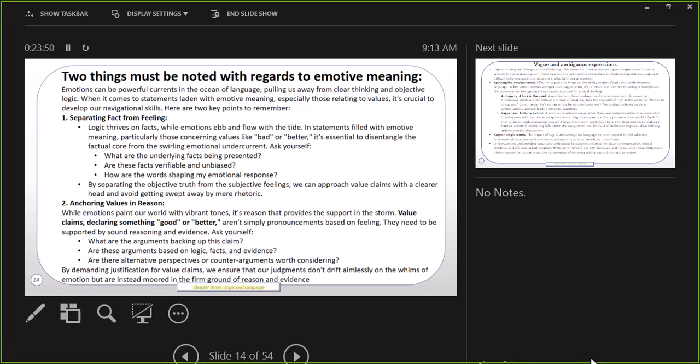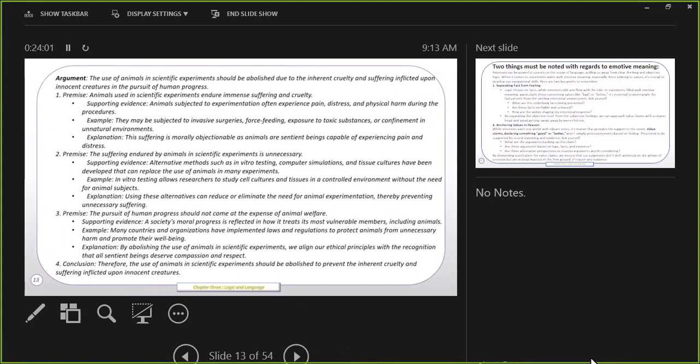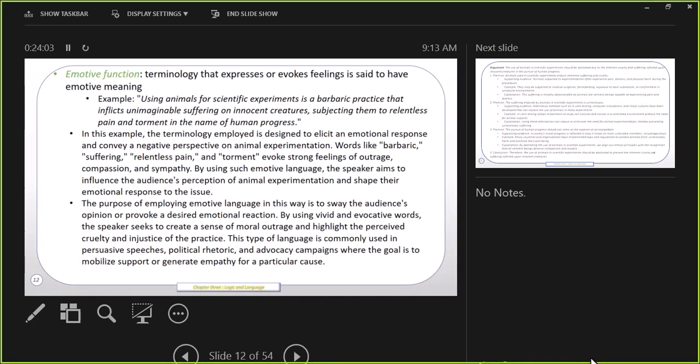What's a value claim? What is the value claim in this example? Using animals for scientific experiments is a barbaric practice that inflicts unimaginable suffering on innocent creatures, subjecting them to relentless pain and torment in the name of human progress.